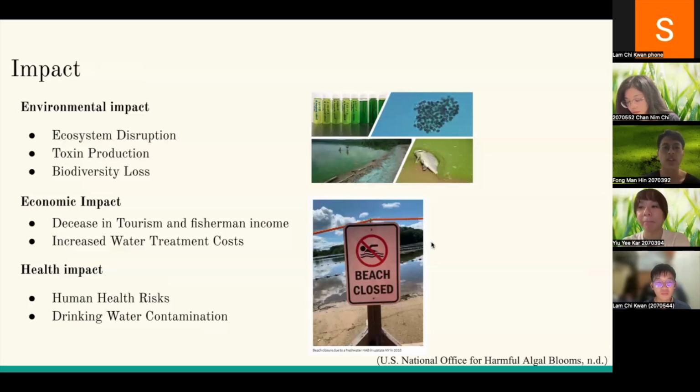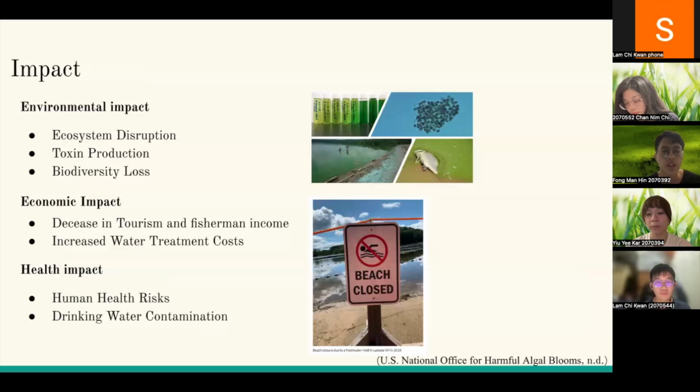and gastrointestinal illness. Consumption of contaminated seafood can lead to several health problems, for example ciguatera poisoning or paralytic shellfish poisoning. For drinking water contamination, HABs can contaminate drinking water supplies, posing risks to public health.